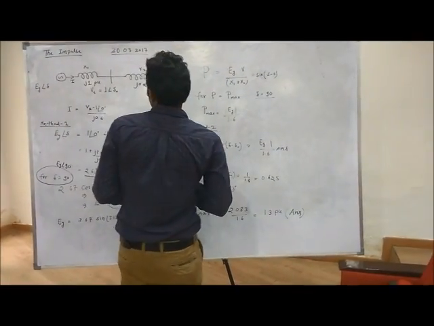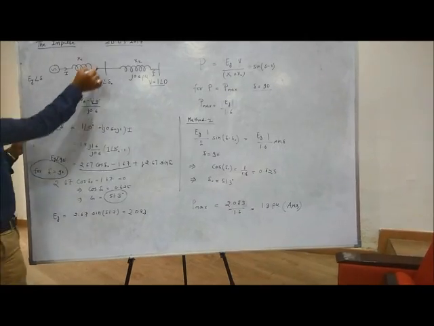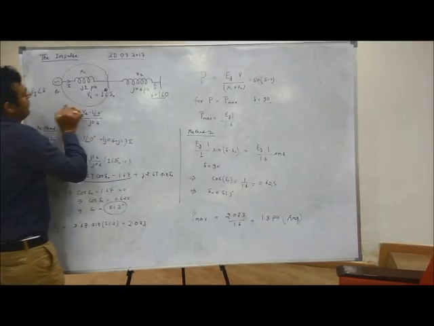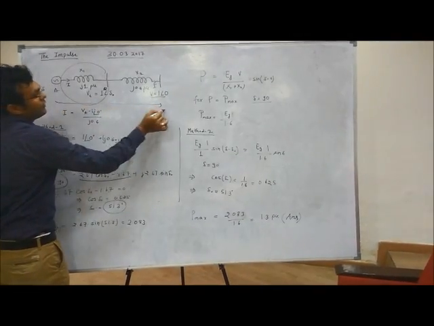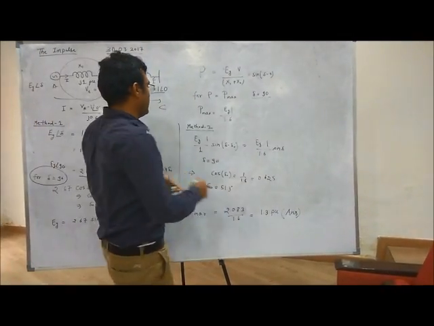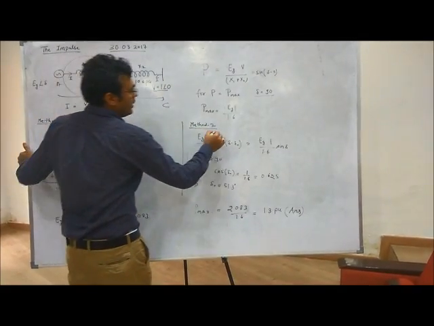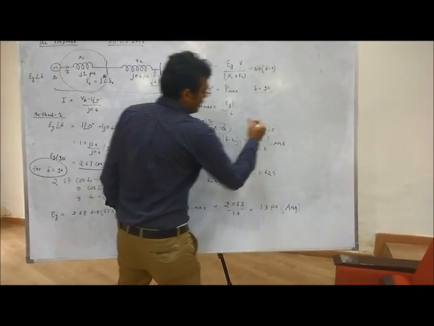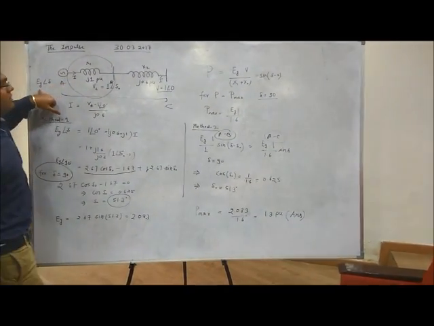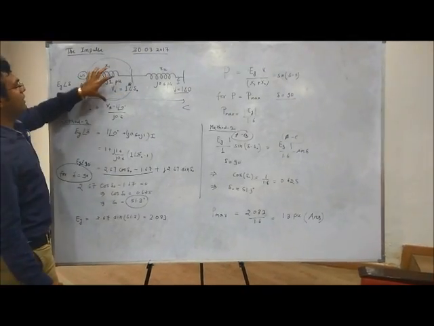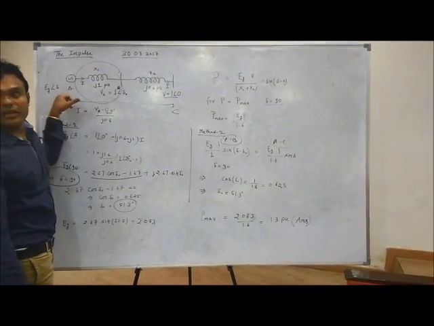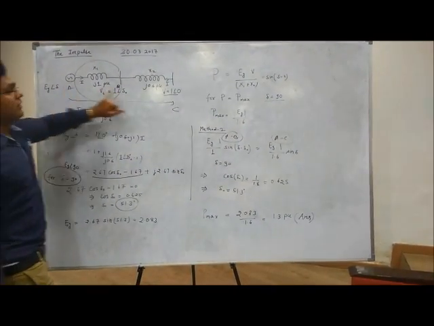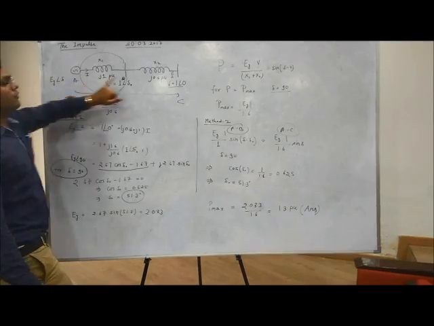In the second method, whatever the power flow from this A end to B should be the same as the power flow between this A end to C. So if we put the formula here, this is the power flow from A to B, and it should equal the power flow from A to C. So here this voltage and this voltage divided by this reactance, and the sine of the angle between them, and for this A to C we'll calculate this voltage, the reactance between them and the angle of these two.